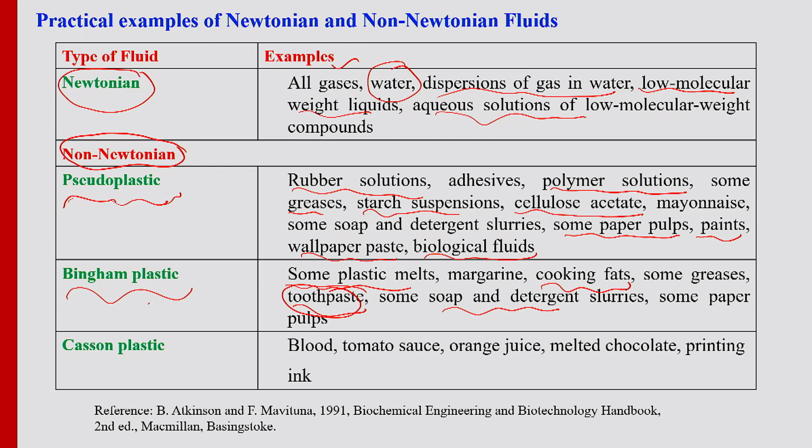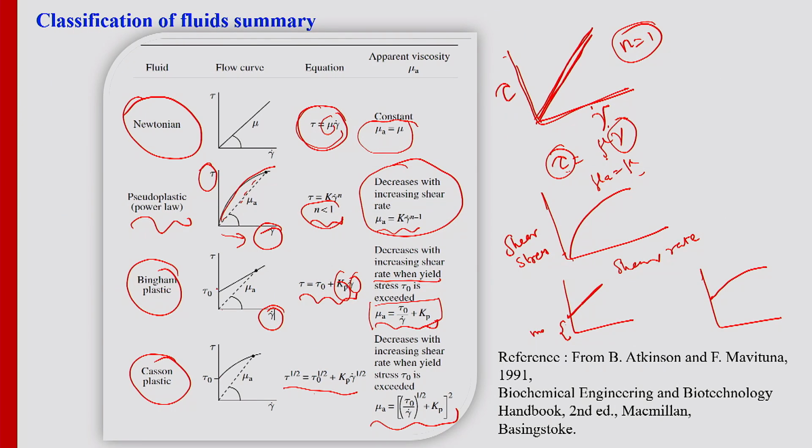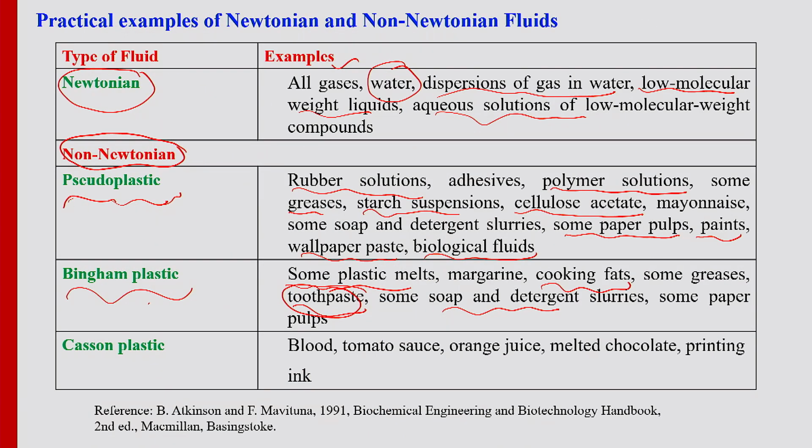But once you reach the limit, then it flows like a Newtonian fluid. That is the best example, toothpaste, which we normally use in the morning. Why does toothpaste behave as a Bingham plastic? Up to this point you apply pressure or whatever shear rate, but nothing happens. Once it reaches the point, then it flows very uniformly. So toothpaste is the best example of a Bingham plastic.